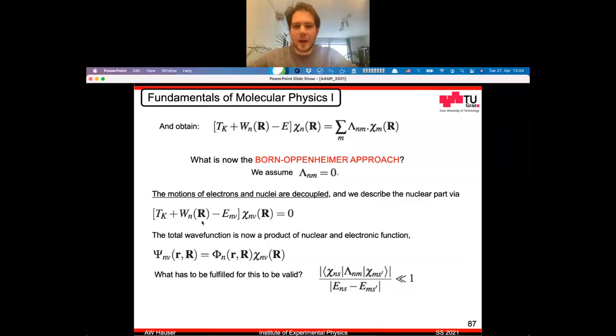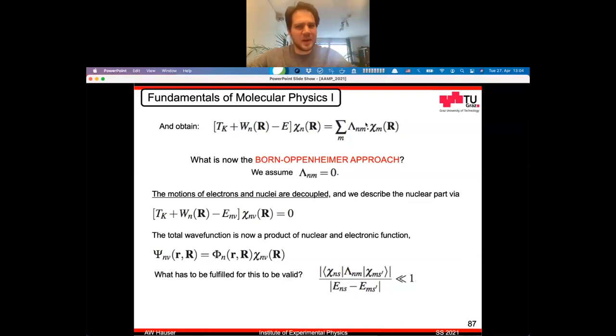Okay? I'm saying that this is only possible within the Born-Oppenheimer approach because we have neglected these coupling terms, and an actual change of the nuclear position will trigger a direct answer of your electron energy, of your electron distribution. And the derivatives of the wave function of the electrons with respect to the nuclear positions plays a role for the energy.